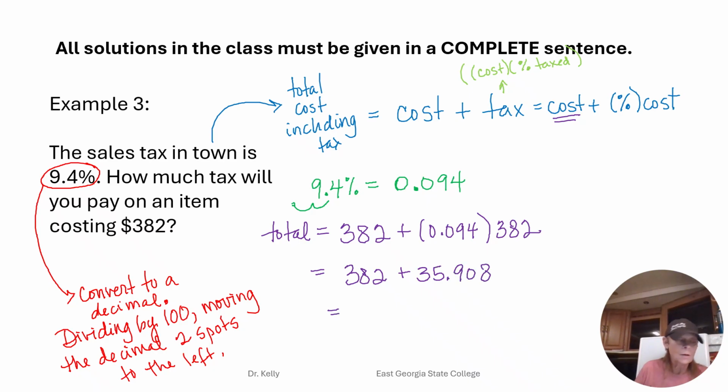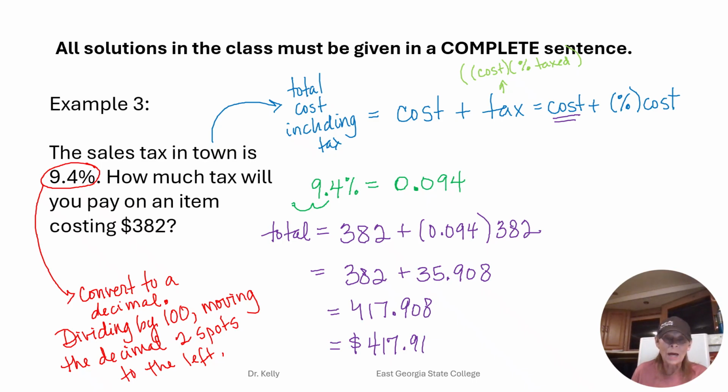And when we add all that stuff together here, my brain is so taxed. You will learn that I am terrible at arithmetic, so I like to always check my stuff. So this would be 417.908. Now, of course, we're dealing with money, and we only go to the penny in money, right? We only go out 2 decimal places. So you would need to finish this by rounding this to 91 cents.